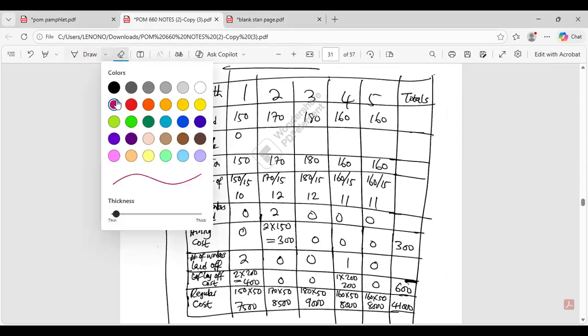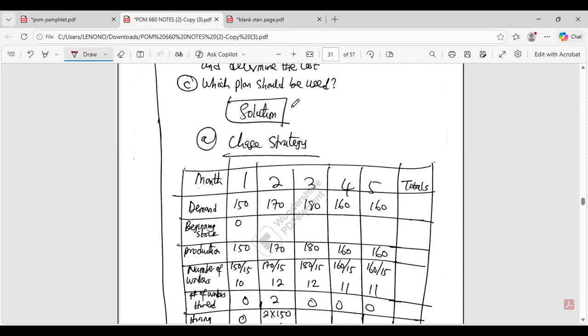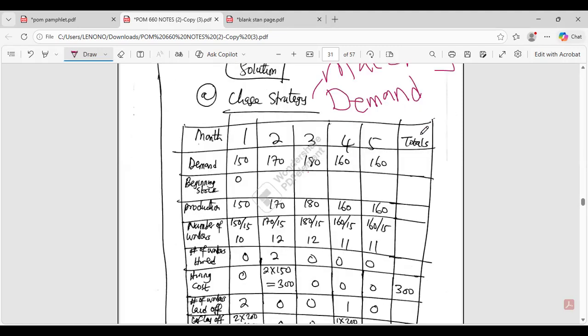So the format, chase strategy of matching demand. So we are matching demand. What are we having in mind? 1, 2, 3, 4, 5.